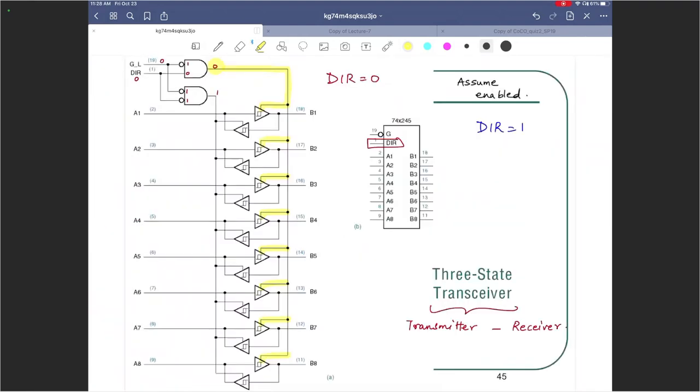All of them highlighted in yellow. And because that is 0, over here it is 0, that means that all the tri-state buffers that are pointing right, those are all going to be disabled, right? So if they are disabled, I will mark them as maybe red, cross. Disabled.